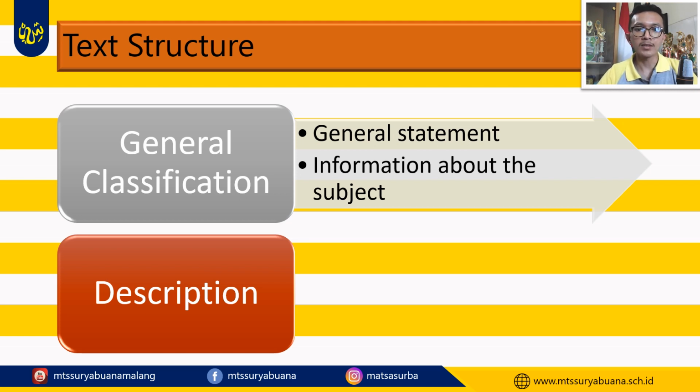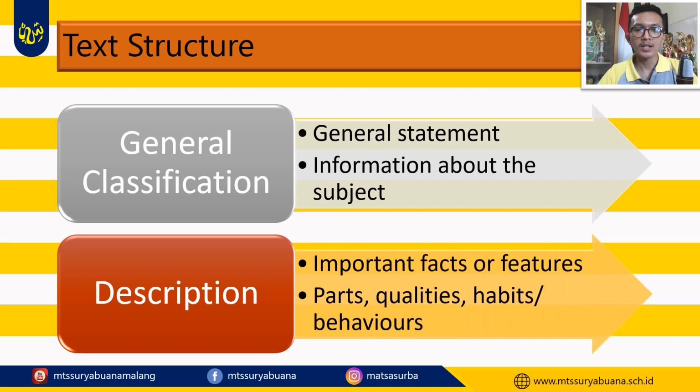And then in the second part, description, the text talks about important facts or features that consist of parts, qualities, habits, or behaviors. So in the second part, the text is more detailed.